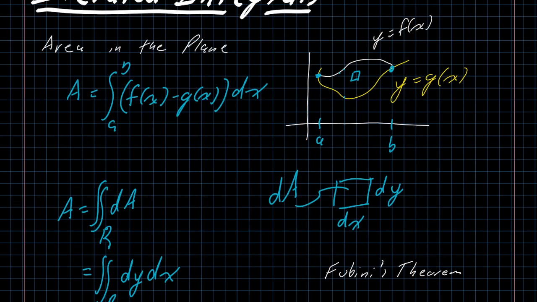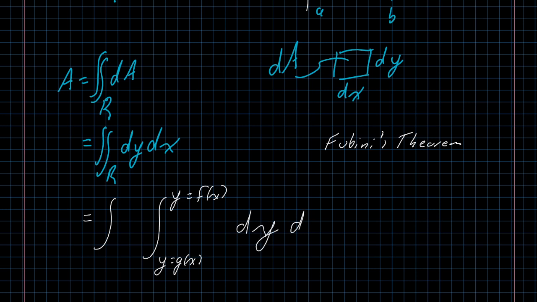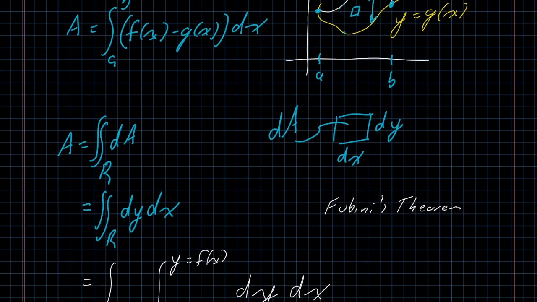Where do my y coordinates range? Well, at the top, y is equal to f of x, and at the bottom, y is equal to g of x. And now here's where things can be a little bit surprising at first glance.